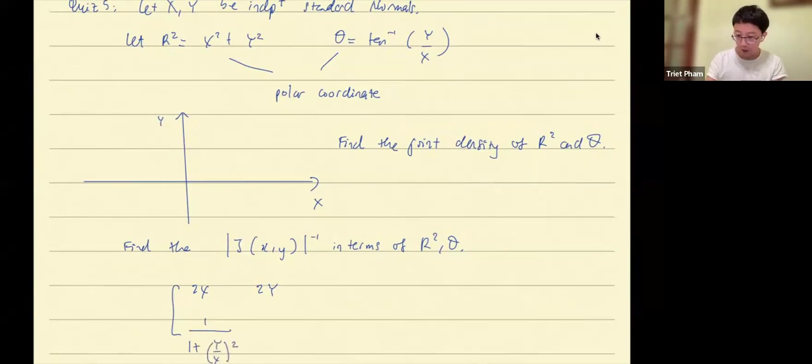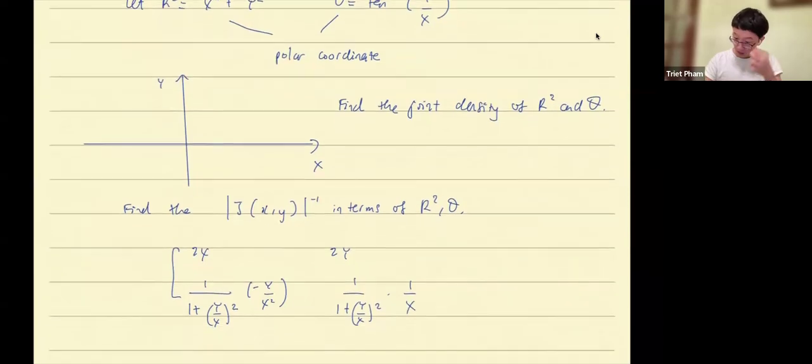But then if you differentiate with respect to x, you need to do the chain rule. That's minus y over x squared. And then with respect to y will be the same, but then multiplied by 1 over x. And so let's see.